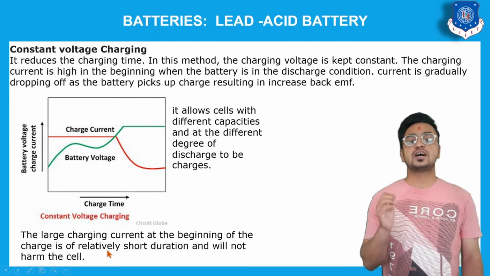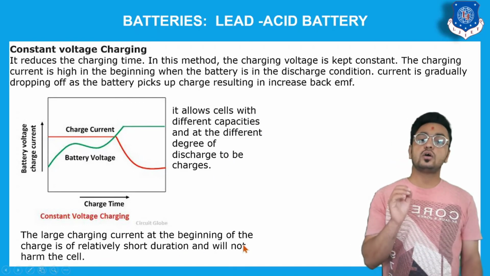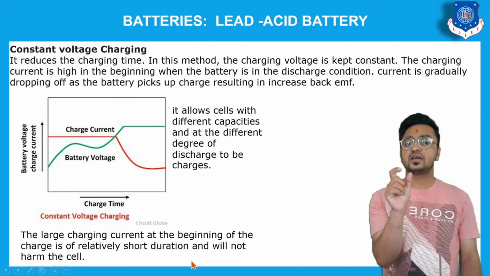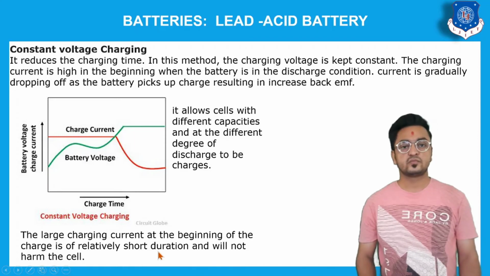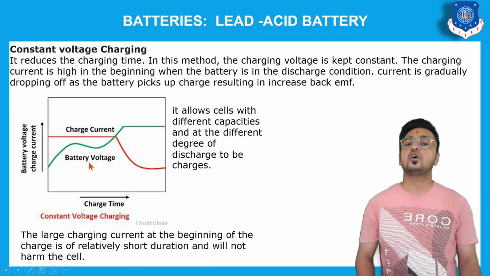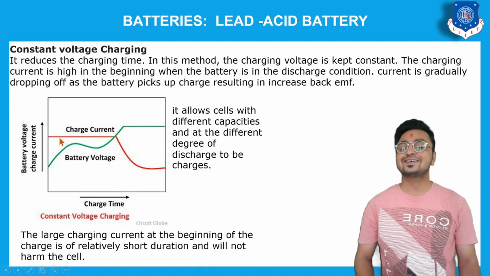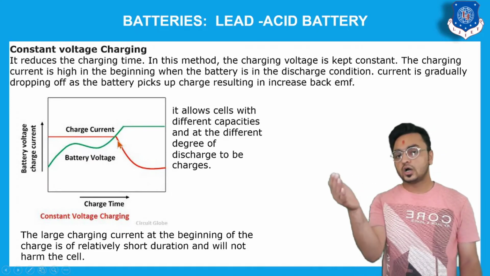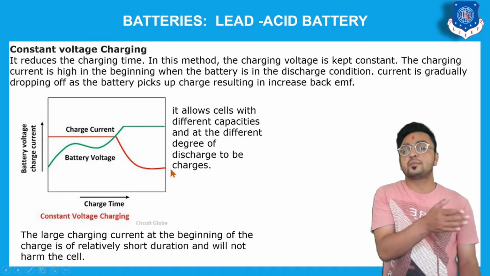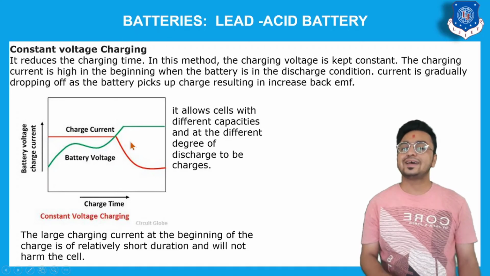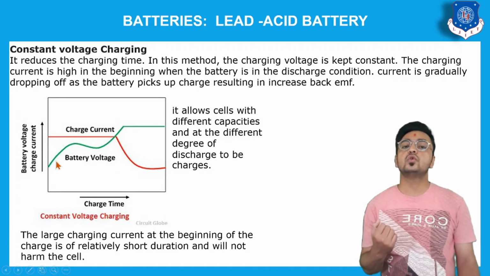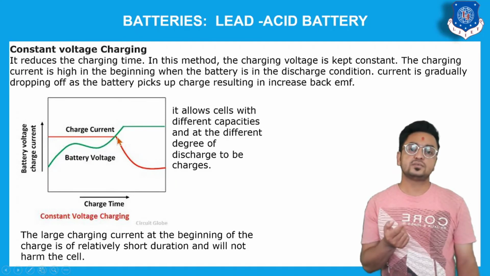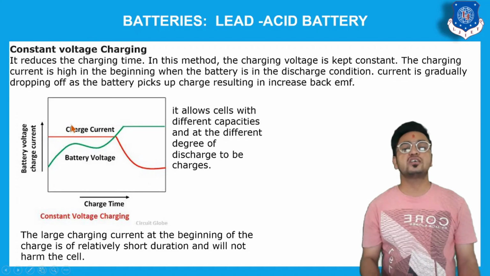The large charging current at the beginning of the charge is of relatively short duration and will not harm the cell. So here, if you observe this diagram, the charging current at the initial time is very large compared to after some time period. And at this time period, the charging voltage is not constant, but this is for a very short time period.